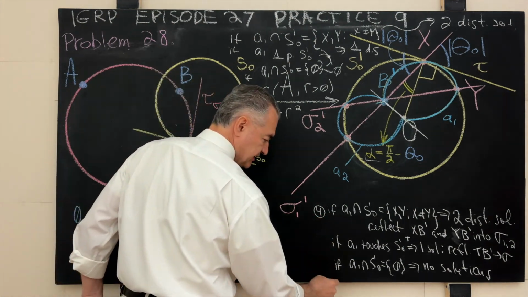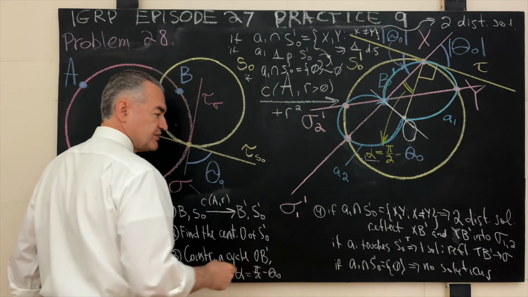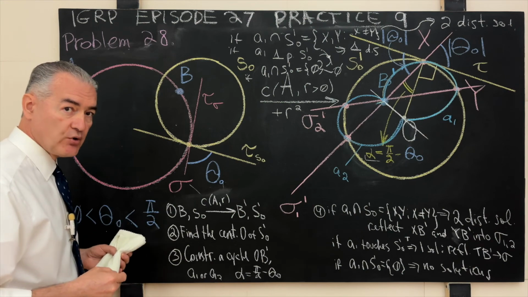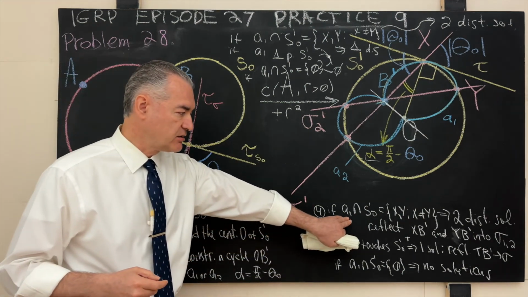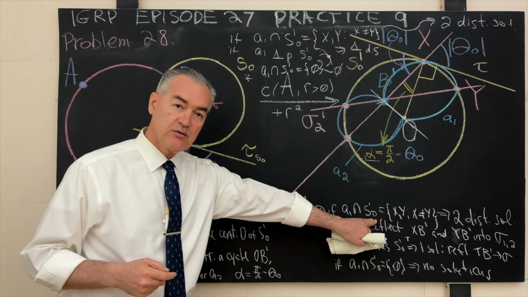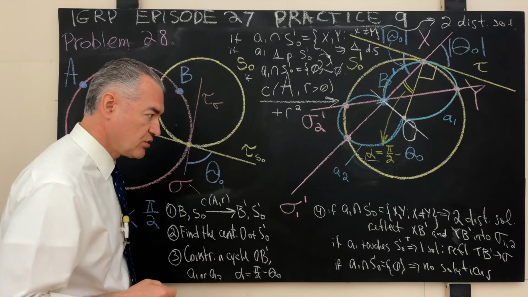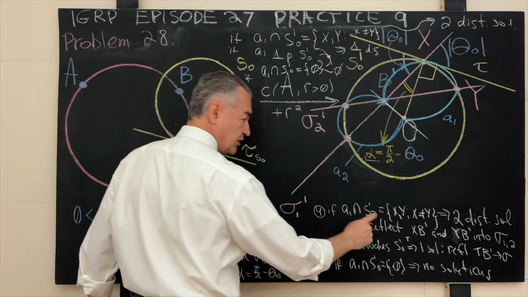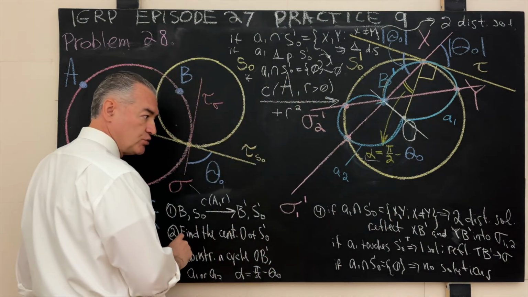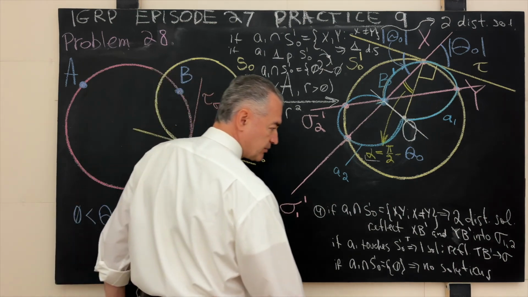So here we analyze the outcomes of the intersection of this arc, or we analyze the number of points that the constant angle arc A1 shares with the image circle S prime 0. If the number of such points is two distinct points, x and y, x is not equal to y, then this problem has two distinct solutions. And how do we obtain those solutions?